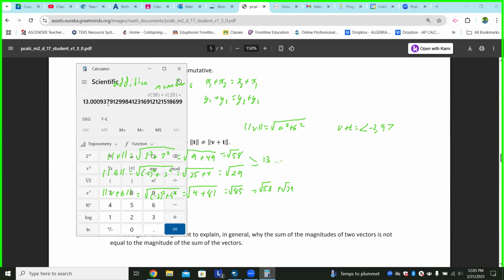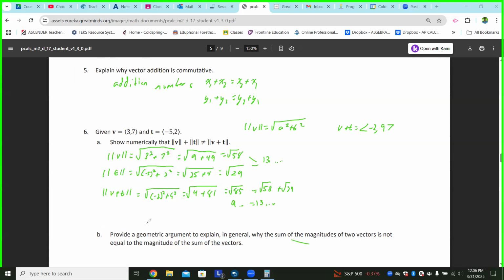Now I'm just going to do 85, square root of that. Is that the same answer? So this basically came out to 9 point something equals 13 point something. So was that the same thing? No, they are not the same thing.